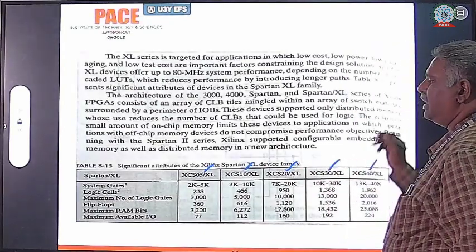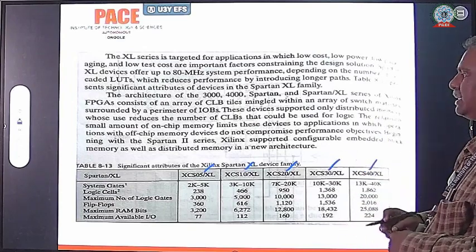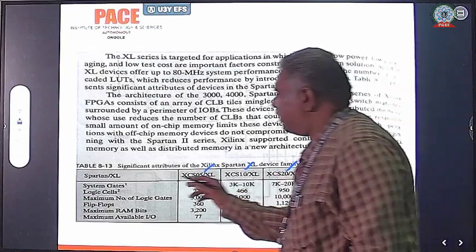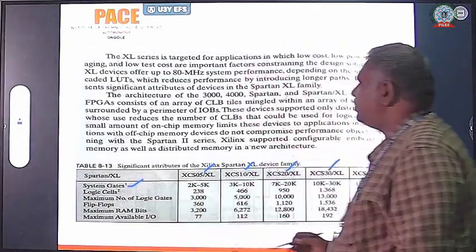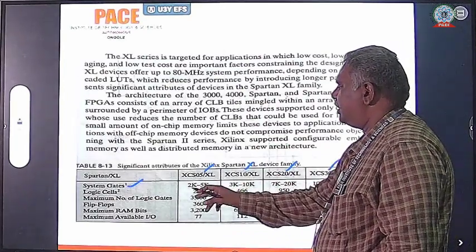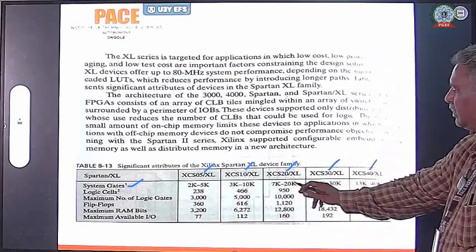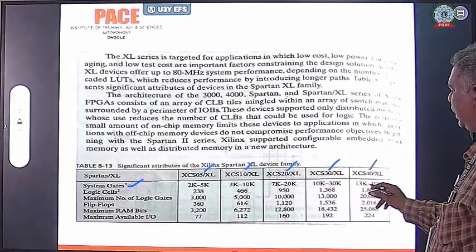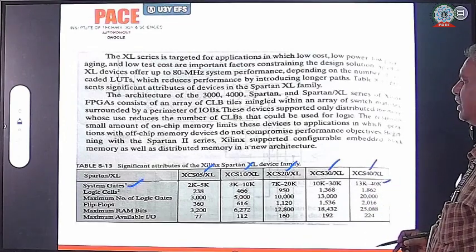These are the different designs or improvements in Spartan XLs. If you see the comparison of system gates, how many gates are used in the design: initially in 5XL, 2K to 5K are used, then 3K to 10K, 7K to 20K, 10K to 30K, and 13K to 40K in the 40XL.